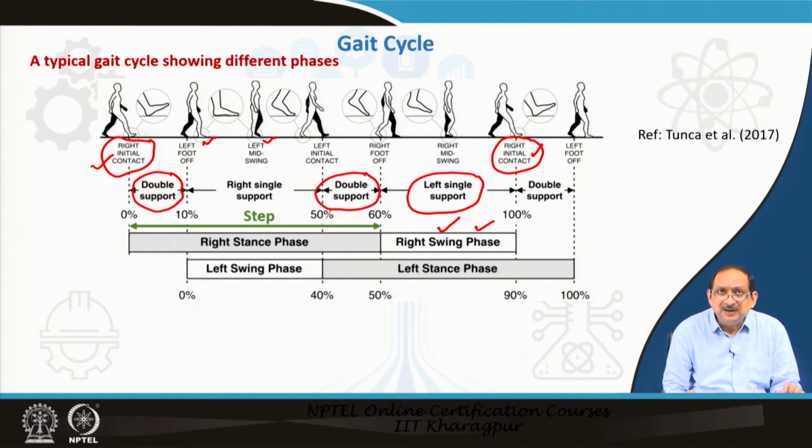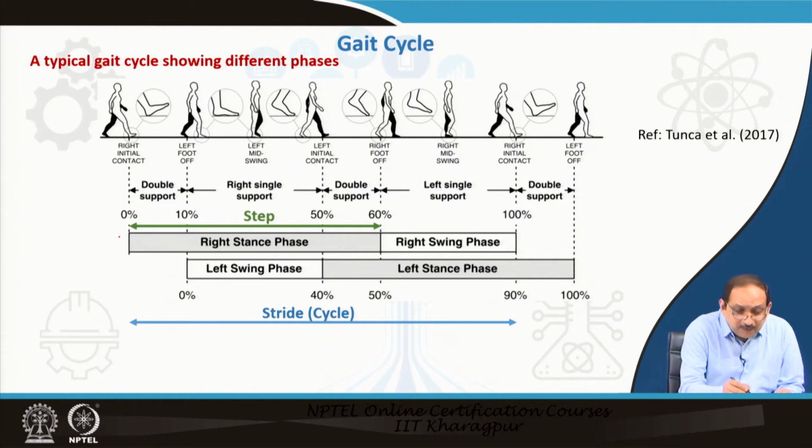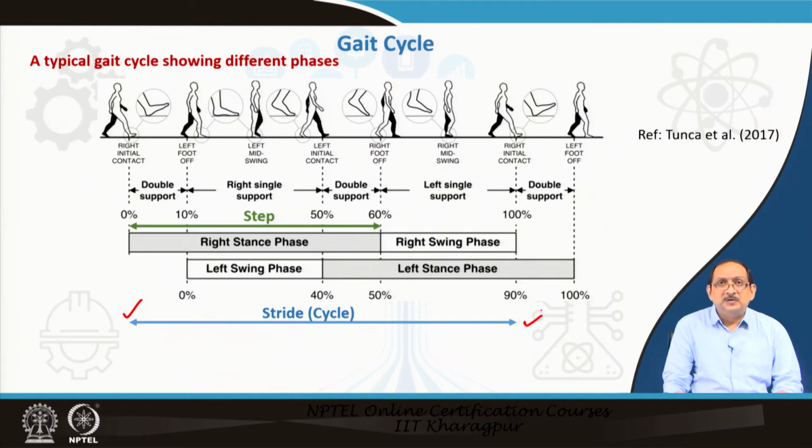We hit the ground with the heel and then we take the toe off from the ground, that is the end of the stance phase, and this is defined as one step. The stride is defined as the full cycle of the gait. So, one full cycle, starting from this position to the 100%, is known as the stride.